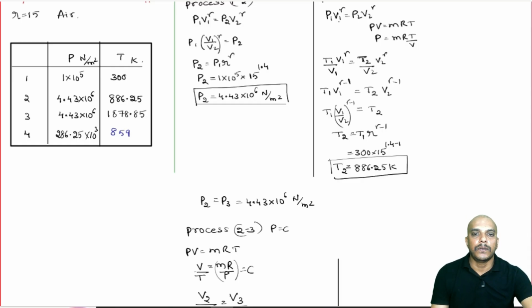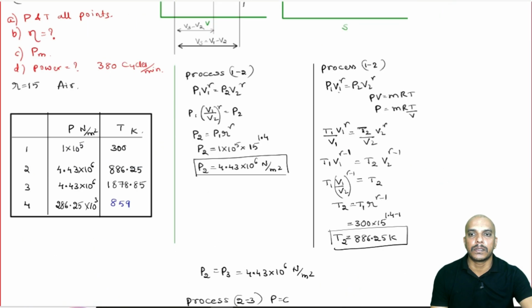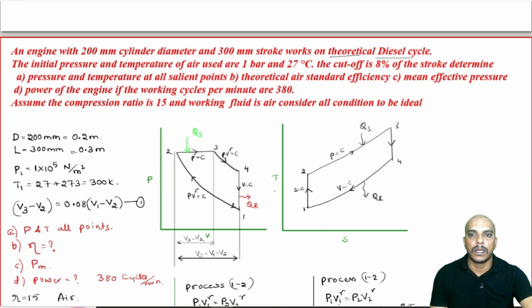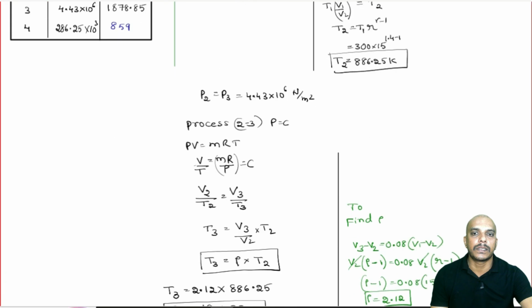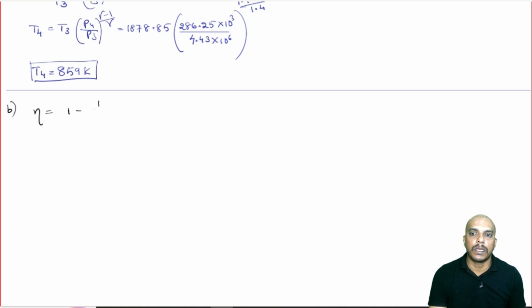Okay. Now, we are done with all temperatures and pressures at all salient points. Now, let us go for theoretical air standard efficiency. We know the equation for air standard efficiency for diesel engine is equal to 1 minus 1 by R power gamma minus 1 into gamma rho power gamma minus 1 divided by rho minus 1.